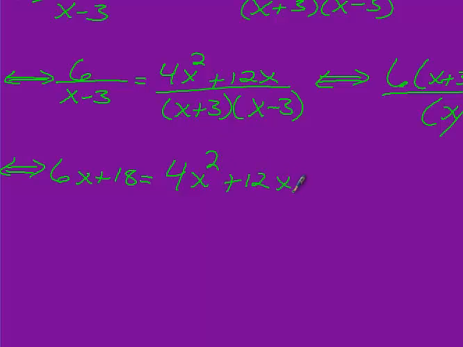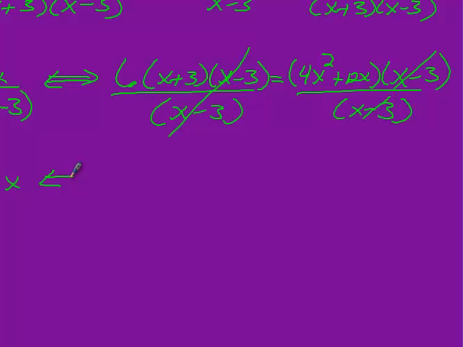And again, does everybody see that my biggest power is a 2, right? So I have to put everything on the same side and then factor. So 4x squared plus 18, equals 0.